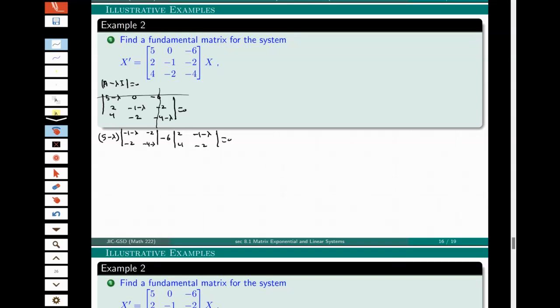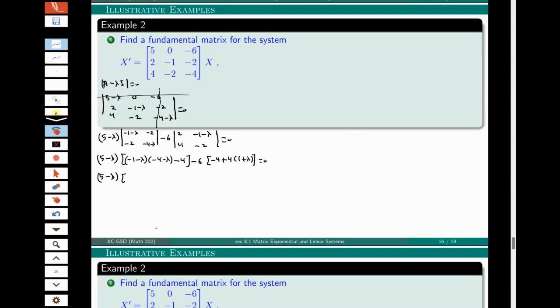Now, so I will have here 5 minus lambda, and it will be minus 1 minus lambda times minus 4 minus lambda minus 4, that's minus 6, that will be minus 4, minus of minus will be plus 4 times 1 plus lambda. Now, when we expand this one, we will have 5 minus lambda.